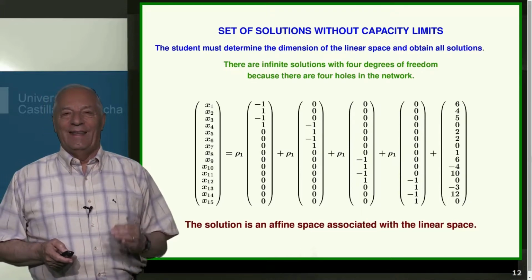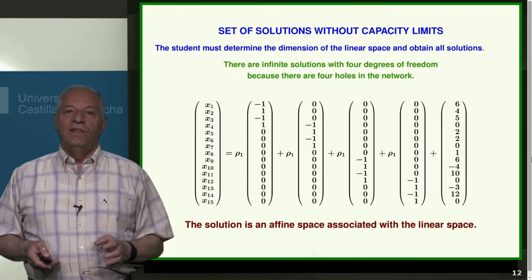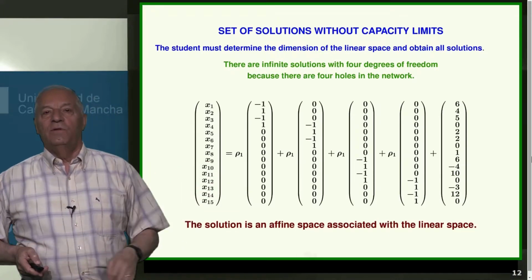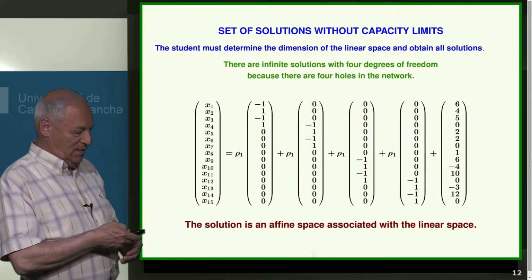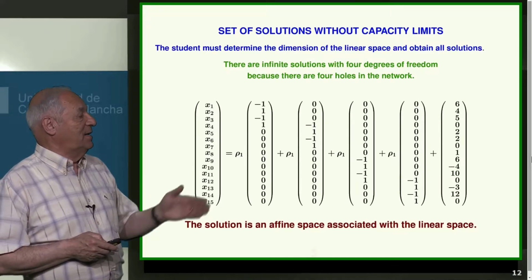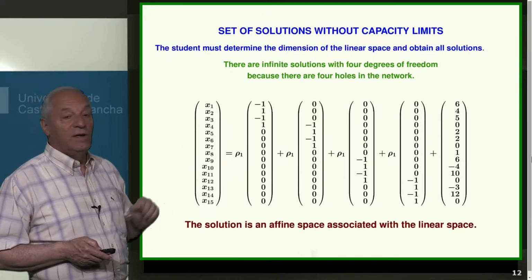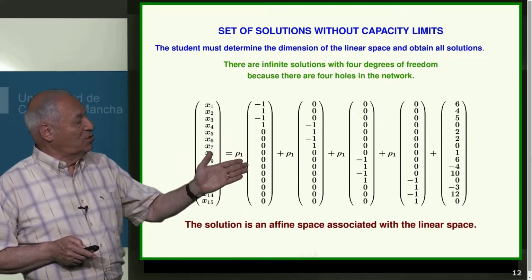I can advance you that I have proved a theorem that says that the dimension of the linear space is the number of holes in the network. In this network, if you look at the previous figures, you see that we have 4 holes and, therefore, the linear space will have 4 basic vectors. So, the solution to this problem is the one you have there.